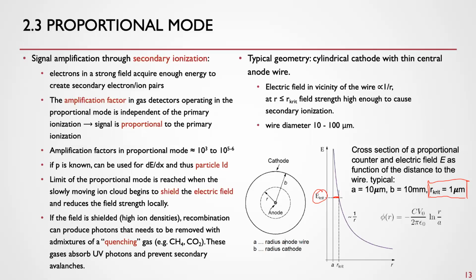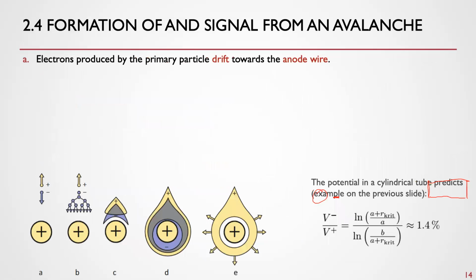So very close to the wire, avalanche production starts. Let's keep this in mind when we look at the avalanche production and the signal formation close to the wire.